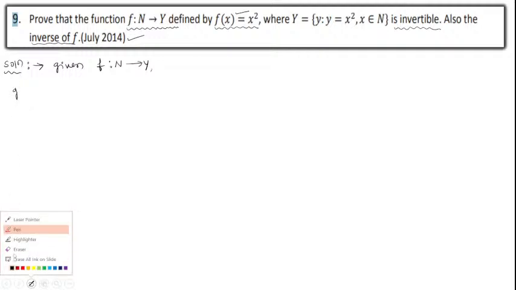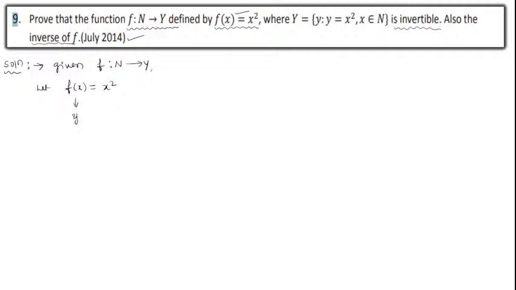Write your given function f of x, then consider f of x equal to y. Let f of x equal x square, and consider f of x equal to y, that is y equals x square here.